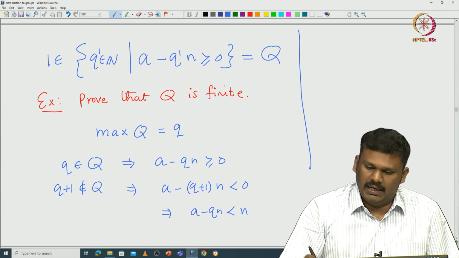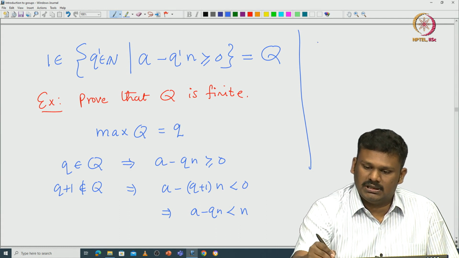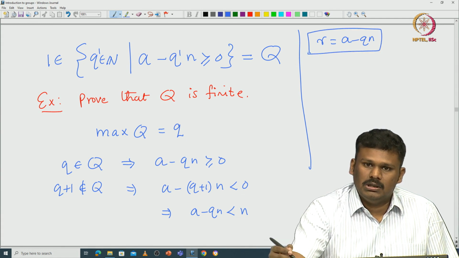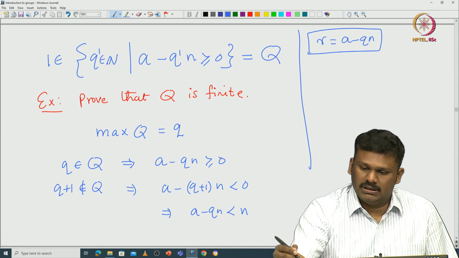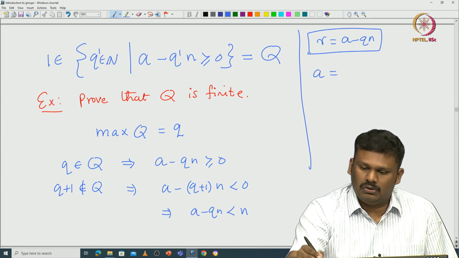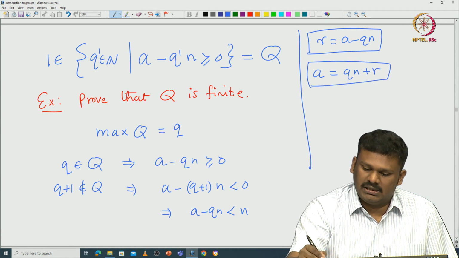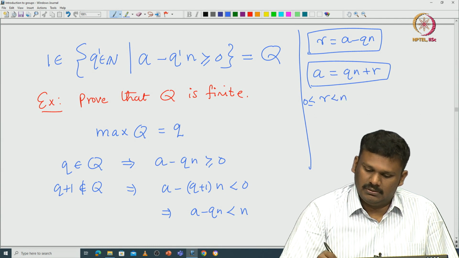So I can take r to be just this A minus q n. This is the remainder. So A equals q n plus r, and this r satisfies greater than or equal to 0 and less than n because of this.